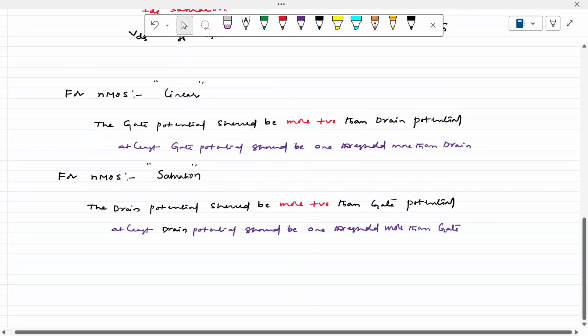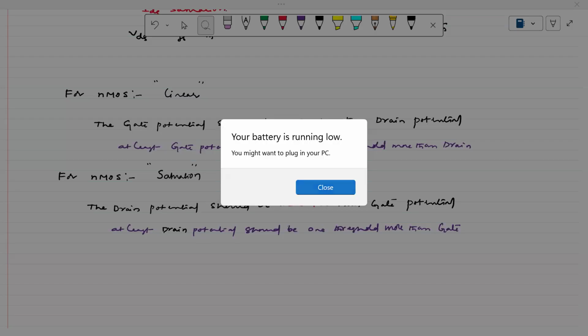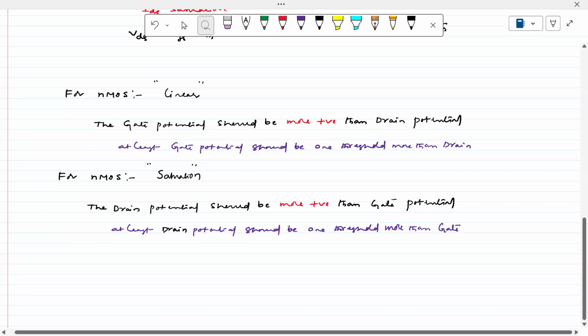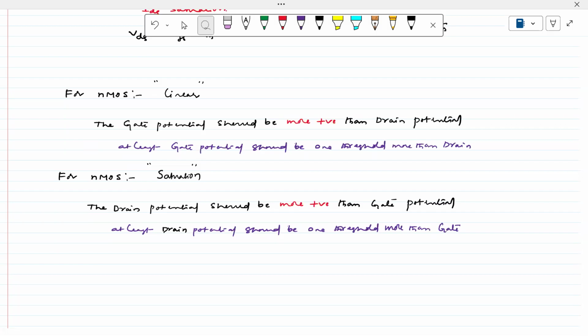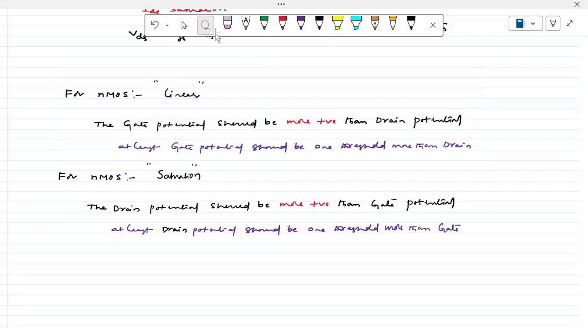Therefore, we'll write the same equations for the PMOS as well. Can you invert this particular one for the PMOS?